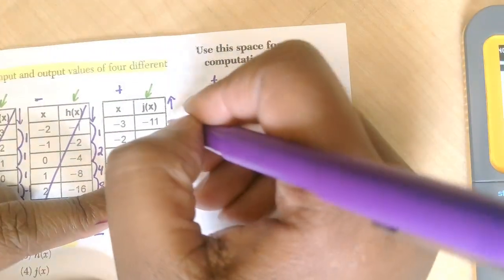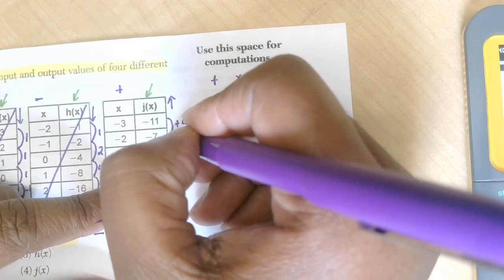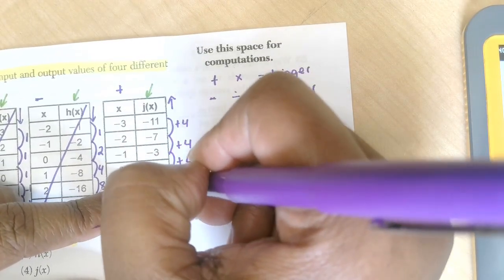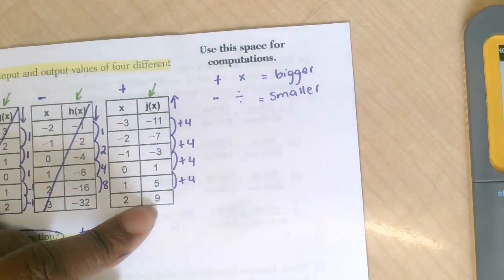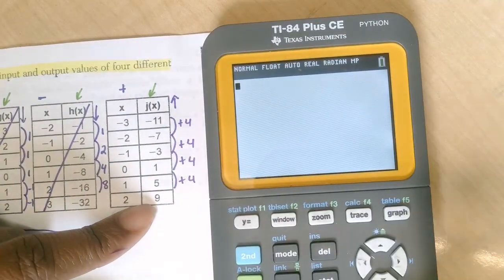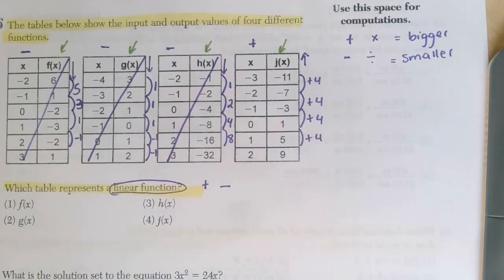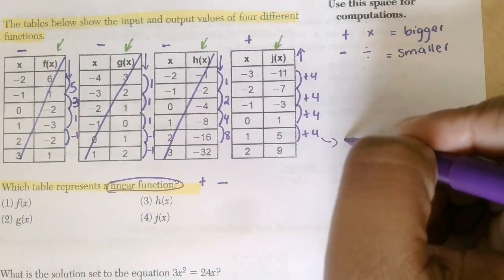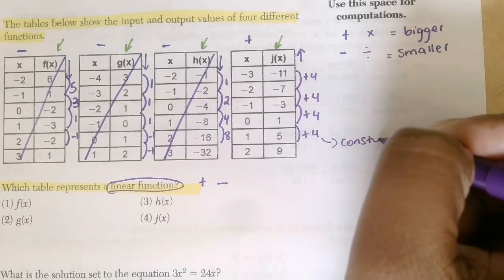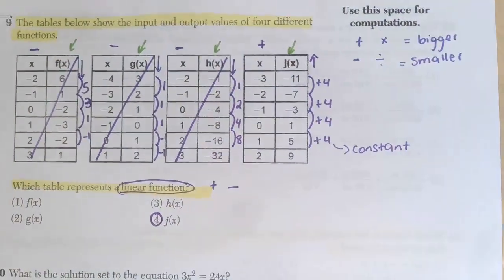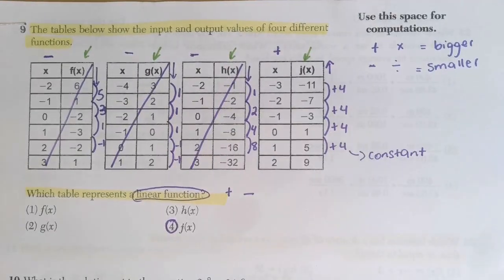So we realize that we keep increasing by 4, by 4, by 4, and by 4 to get the next term. So if we do get a consistent number, this is our constant, and our sign is a plus, we know our answer would be g of x.